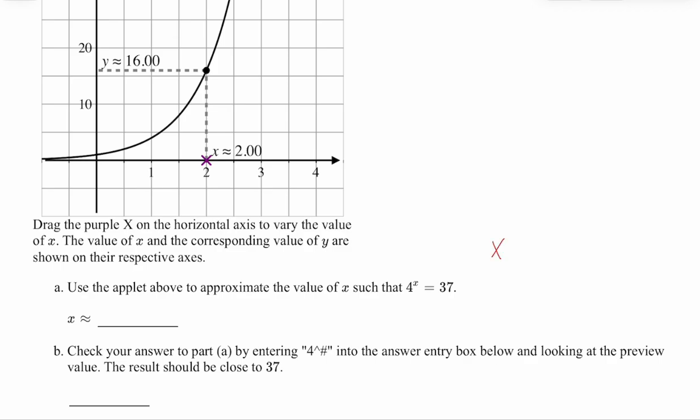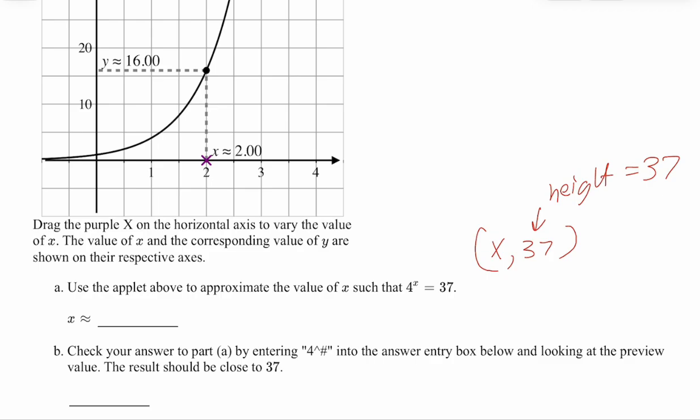It would be the point (x, 37). So again, this is just saying when is our height 37? At what x value will our height be 37? I think it's 2 point something. Can anybody tell me what they got there?